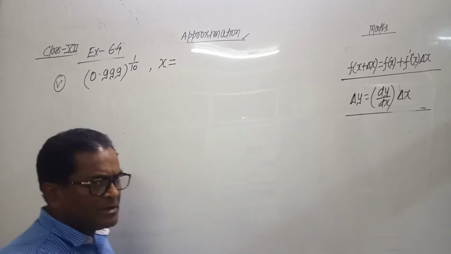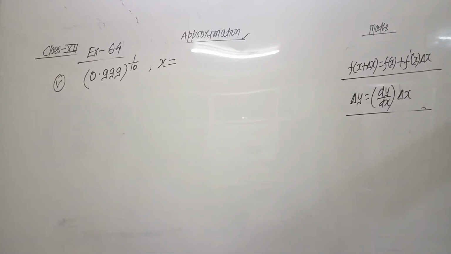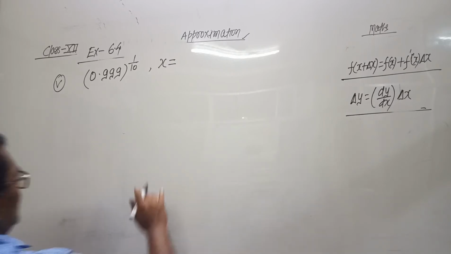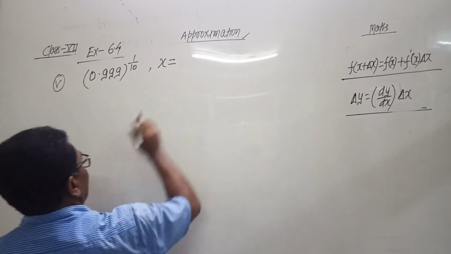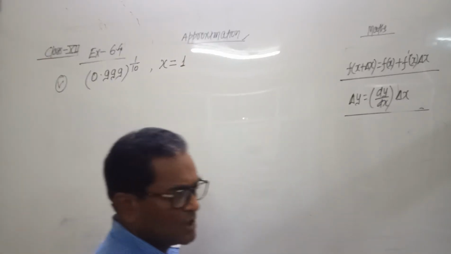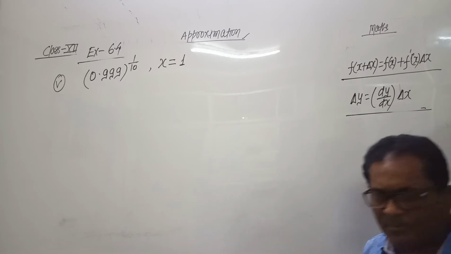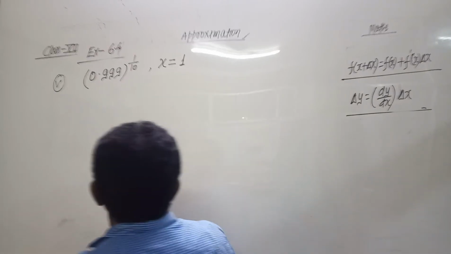So the value near to 0.999, which 10th root is possible? None other than 1. The value of x will be 1, because 1 raised to the power 1 by 10 is 1. Any power of 1 is 1.